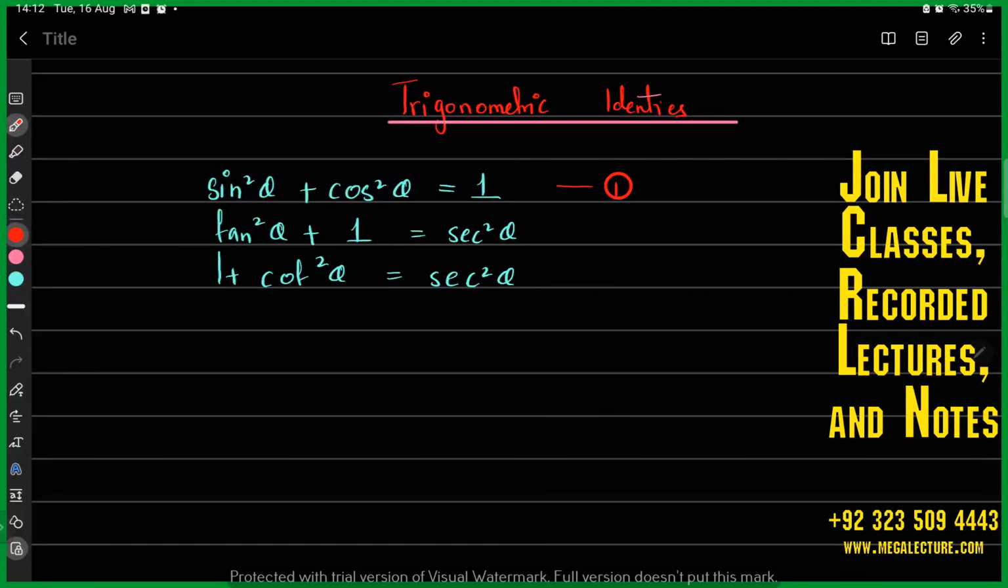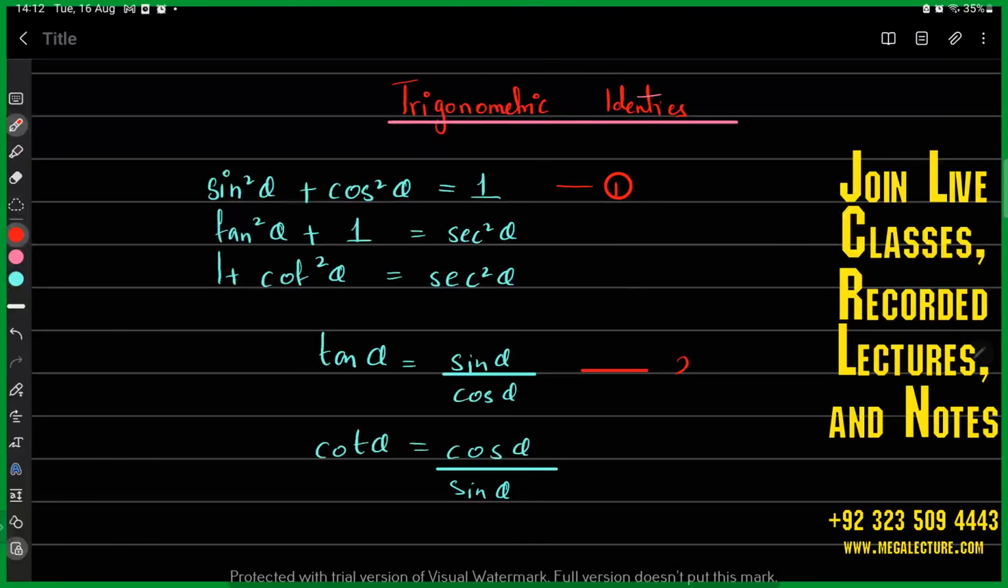And then the second most important one is tan theta is basically equal to sine theta divided by cos theta. And then for A2, cot theta is basically equal to cos theta divided by sine theta. But for AS, just consider 1 and just consider 2.